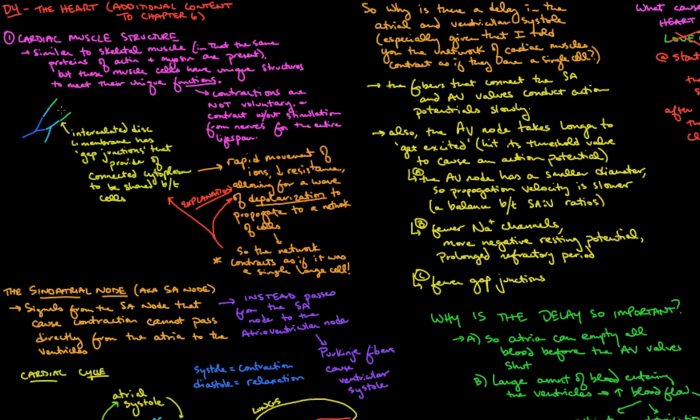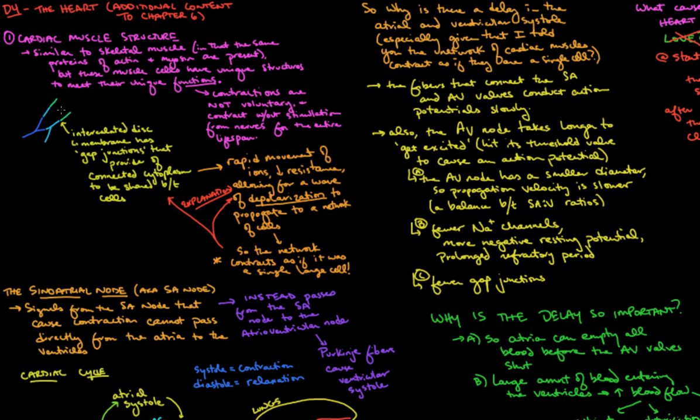So first thing to note is that it's actually quite similar to your skeletal muscles in that the protein that you find in these muscle cells is actin and myosin, which are types of proteins. And that these muscles in your heart have special structures because of their unique functions of maintaining contractions involuntarily.